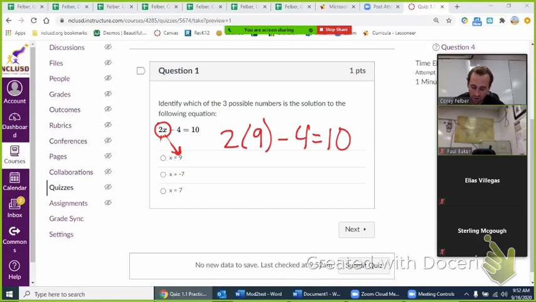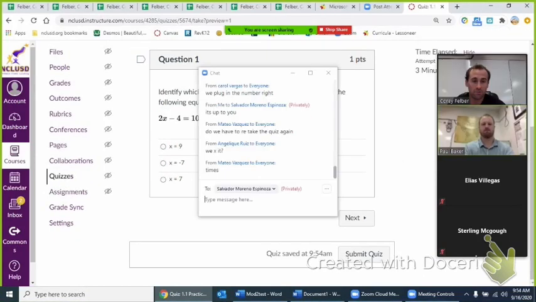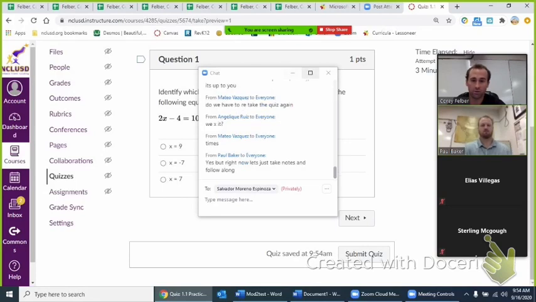If I do that, now what do we have to do? What does this mean, the 9 and the 2 right next to each other with nothing in the middle? Anybody remember what we have to do with those two numbers? Yes, good. We multiply it.